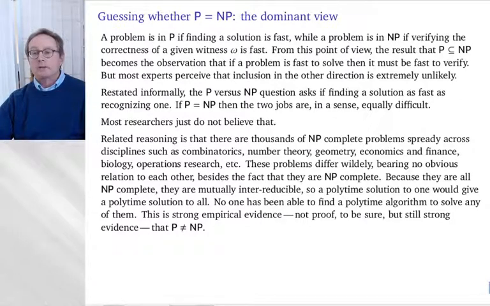No one has been able to find a polynomial time solution for any of them. Many thousands of people have worked very hard on all these problems, and all these people are extremely smart, and no one has ever found a fast solution. That's strong empirical evidence. Now, not proof, to be sure, but nonetheless strong evidence that P is unequal to NP.